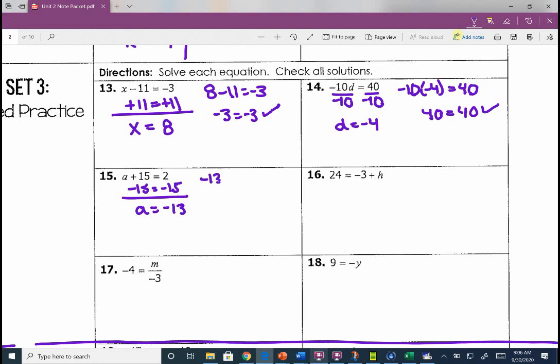Number 16 looks a little bit different. We see a plus h, but we don't want to subtract h to the other side. We want to leave h alone. We want to get h by itself. So on the same side as the h, we have a -3. The inverse, or to undo -3, would be +3.